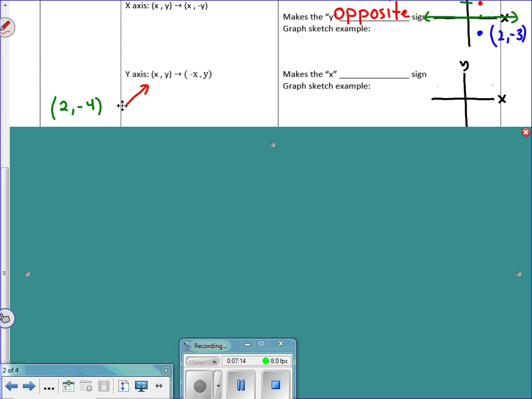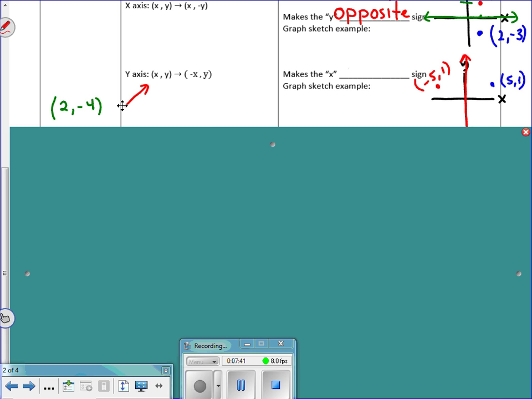Next up, reflecting across the y-axis, right, which is this line. So see if you can do this one. Take -5, 1, and reflect it. See if you can figure out what should happen to your point to get it to reflect across the y-axis. Come back and check your work. I'm hoping that you said it was 5, 1.